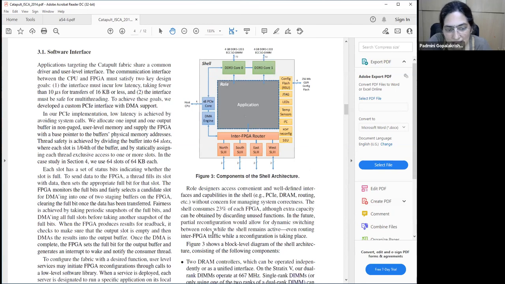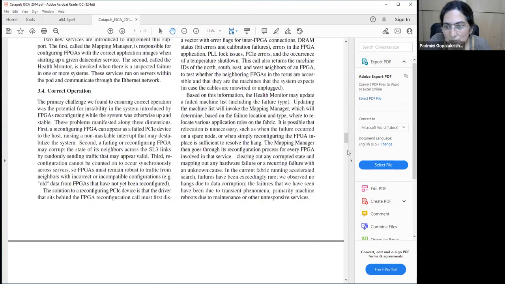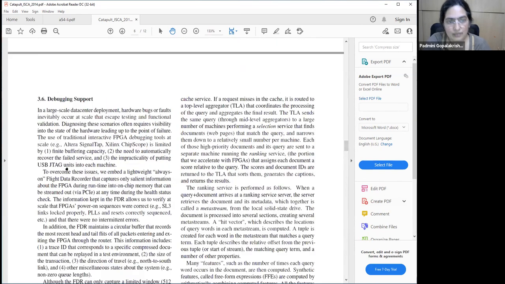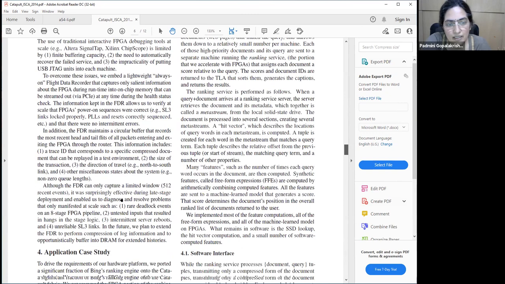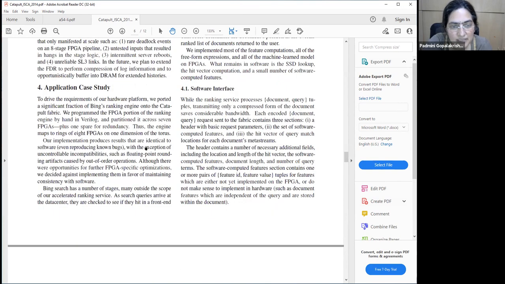So the application here that they are looking at in this paper is ranking of search. And they have done all their design in Verilog. It has been a hand design and a hand partitioning. So they basically have an 8-engine Taurus, and they keep one as a redundant FPGA.